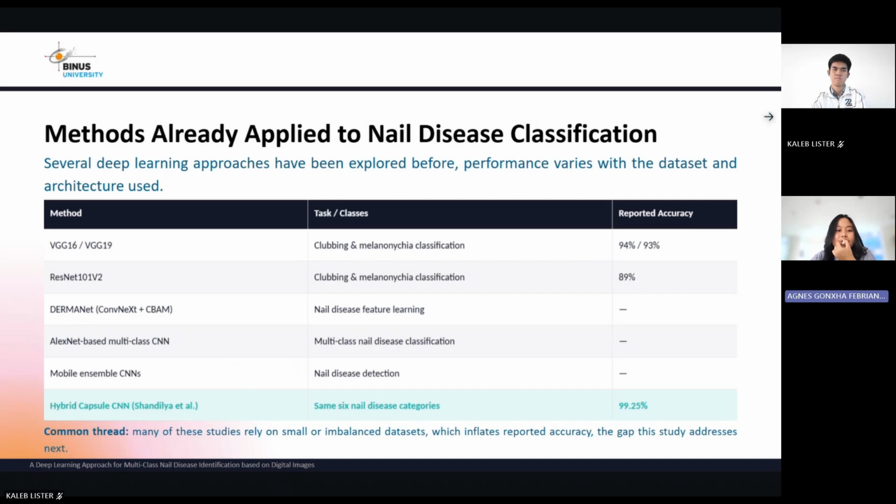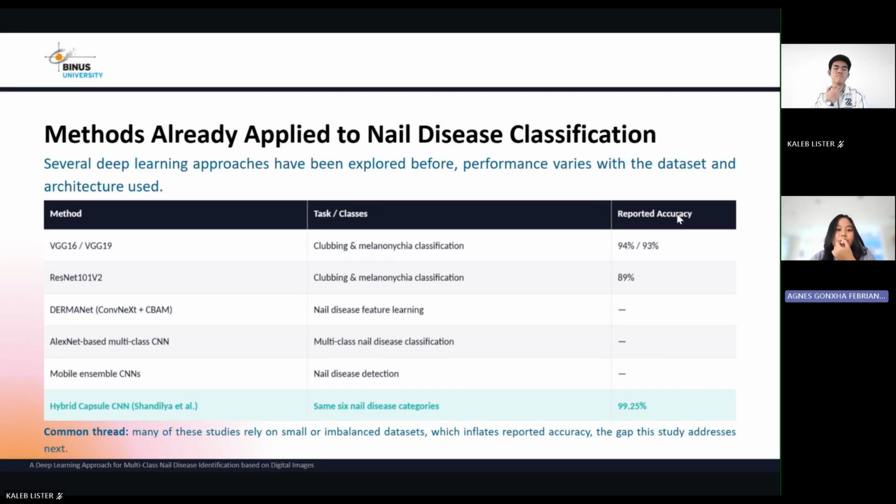Now, before we get into our specific research scope, we want to show you the landscape of methods that have already been explored for this problem. As you can see in this table, VGG16 and VGG19 have been used for clubbing and melanonychia classification, reaching 94 and 93% respectively.